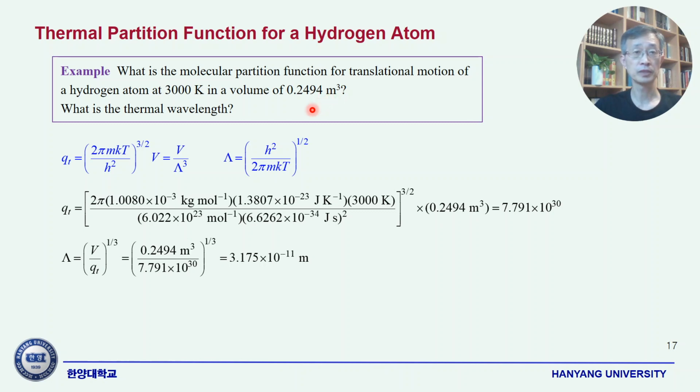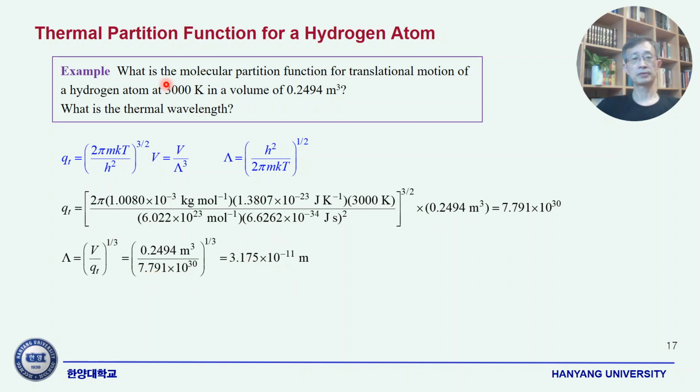And then the thermal wavelength is just this. Well, actually, the thermal wavelength is the cubic root of this quantity. So V divided by this qT is lambda cubed. Sorry, lambda cubed is V divided by qT. So we take the cubic root, and then obtain this.